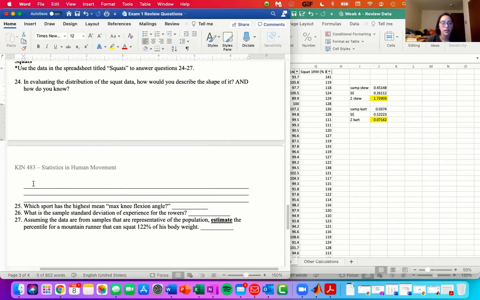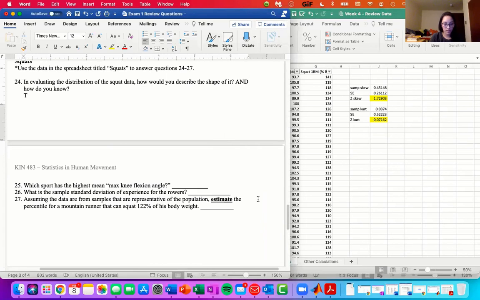Okay. So our answer would look something like, actually I want to make it red so it pops out. The distribution shape is relatively normal. How do we know?